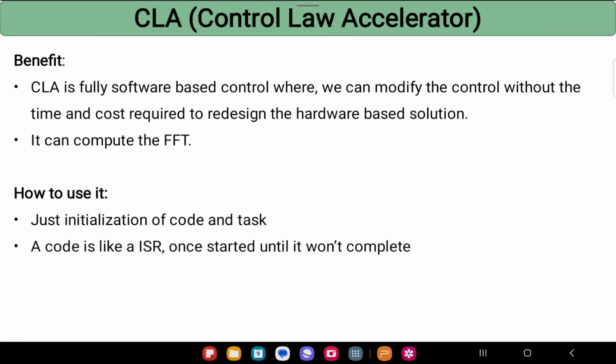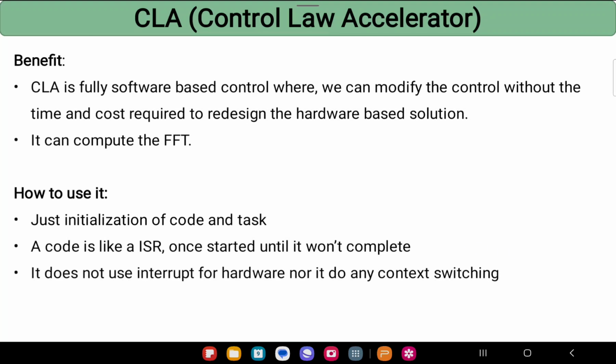Once it has started, it will be completed; it won't stop until it completes. It does not use interrupts for hardware, nor does it do any context switching. One more thing, it eliminates jitter, and therefore the execution time becomes very small.